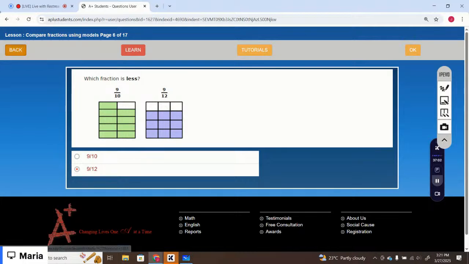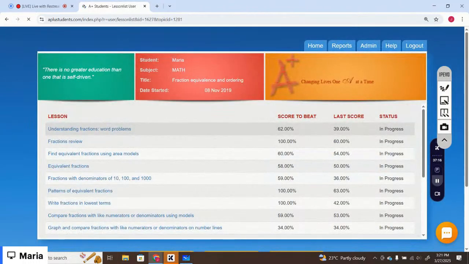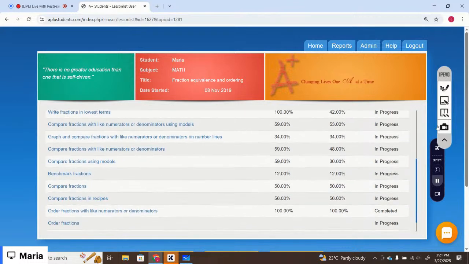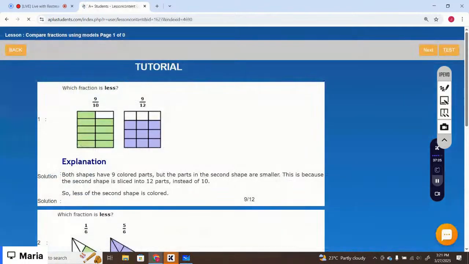So when they have the same numerators, it is very easy to compare them. And if they do not have the same numerators, just make the figure and see which one has more portion colored, right? Let's just start with the next lesson. That is compare fractions using models.